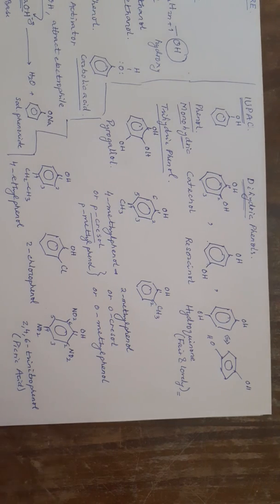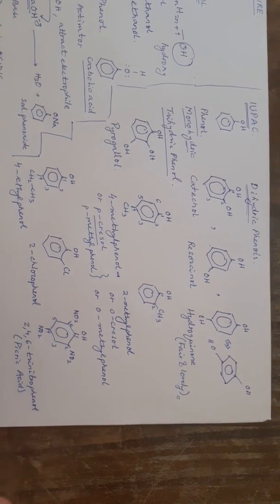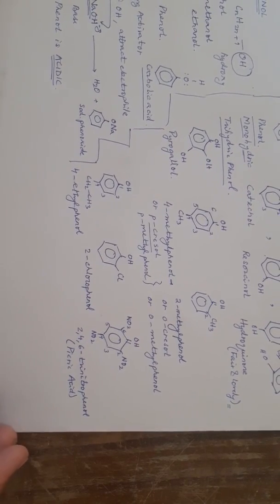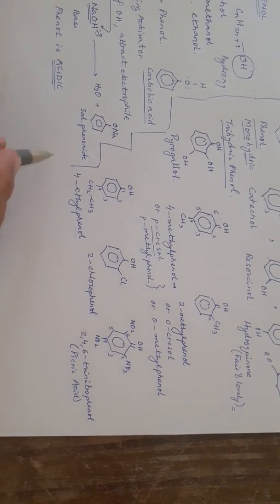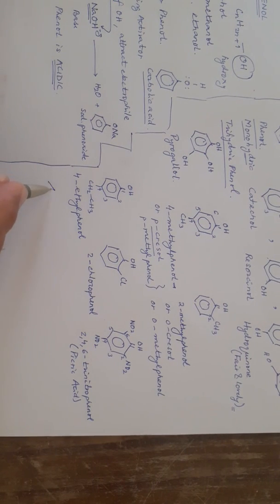Now, these are some naming, but I must also tell you that sometimes 2 rings are attached. For example, if this is benzene, and there are 2 rings, this is called naphthalene. And if naphthalene has an OH group, then this is called naphthol.